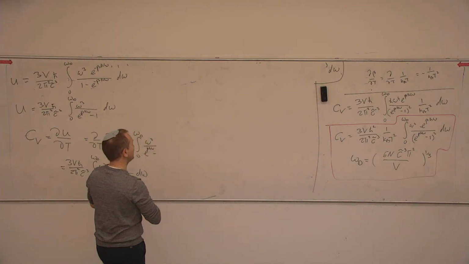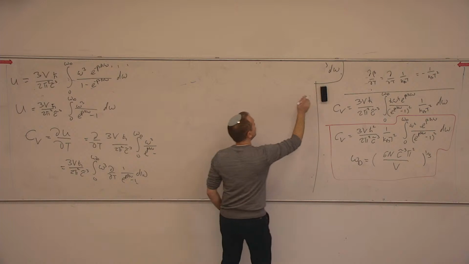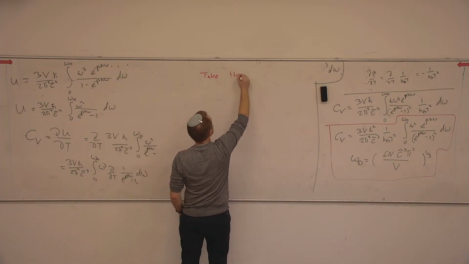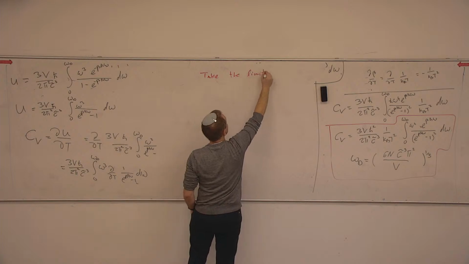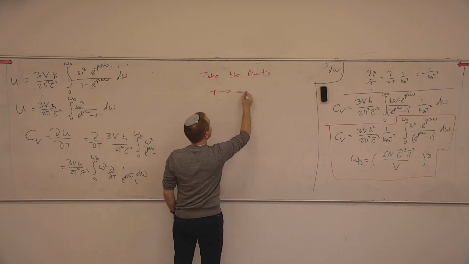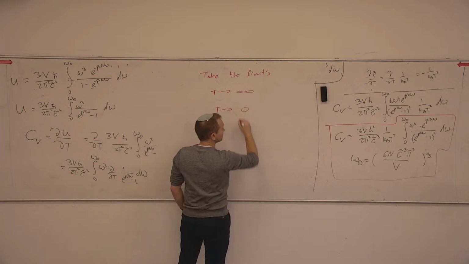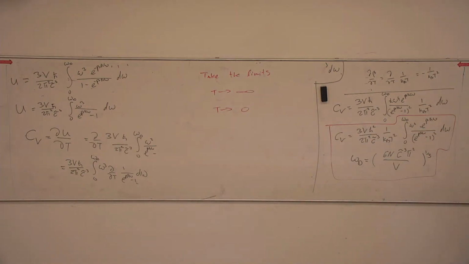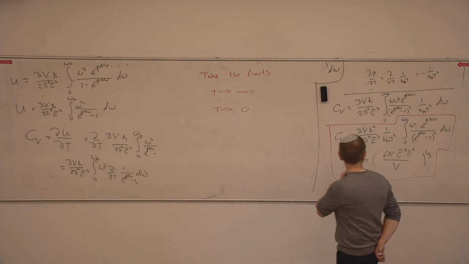So what we are going to do now is take the limits T goes to infinity, and T goes to 0.